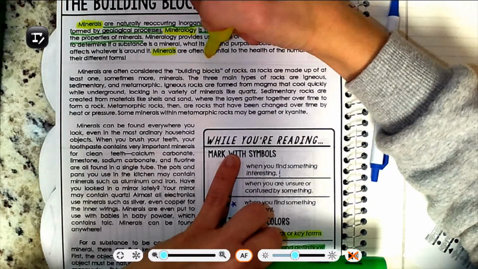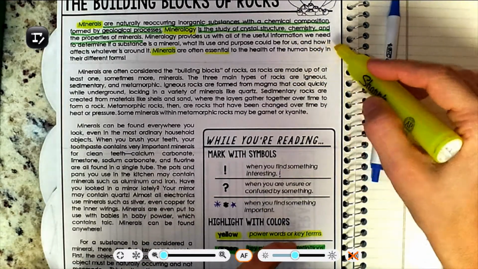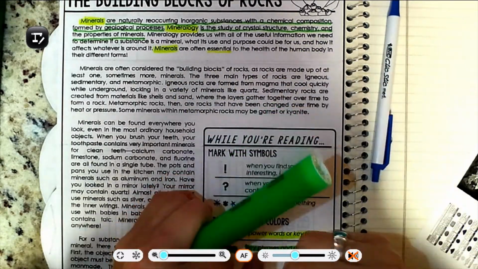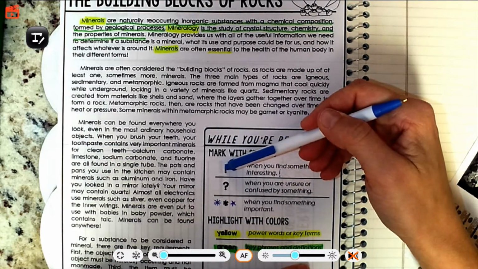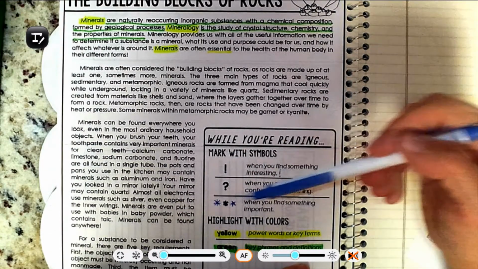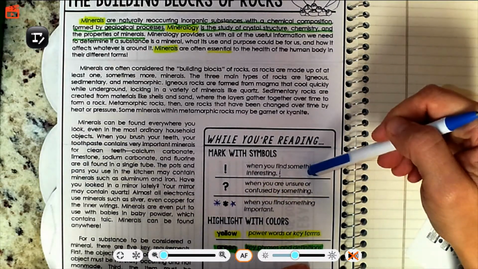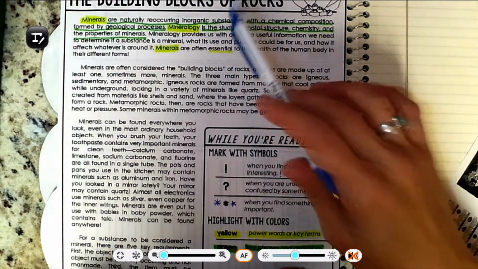I only want you to underline essential. Essential means like we have to have them to the health of the human body in their different forms. I want you to pause and reread, and I want you to go back and put at least 1 exclamation point and 1 asterisk or star. If you have a question, you can put a question mark. If not, you don't have to. So you should have at least 1 exclamation point and 1 star.